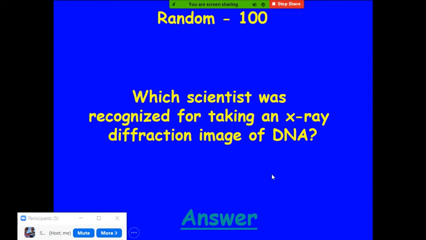Which scientist was recognized for taking an X-ray diffraction image of DNA? Famous Photo 51. All right, a couple more seconds.